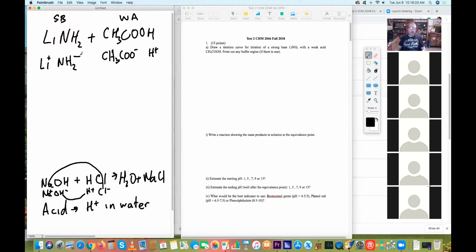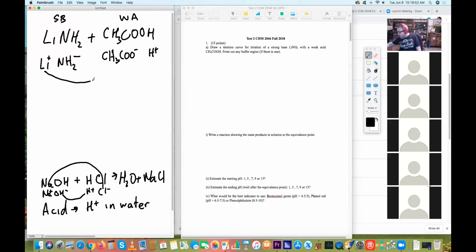Now, I said earlier the bases will form OH- when you put it in water. And sure, if you put NH2- into water, yes, it will form OH-, but we're not showing that here. We're just going to show the direct reaction between these species. If you look at what happened with the NaOH and the HCl, you can see the H+ and the OH- add together to give water, but it's the positive and the negative that are joining, and then the positive and the negative that are joining over here as well.